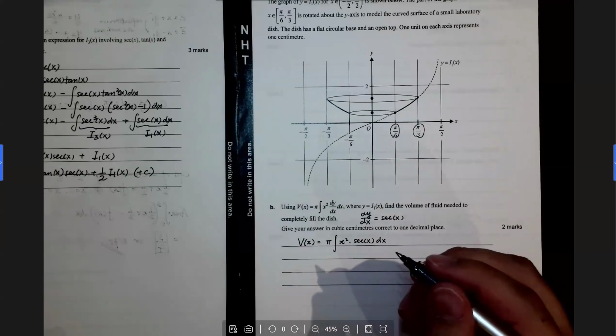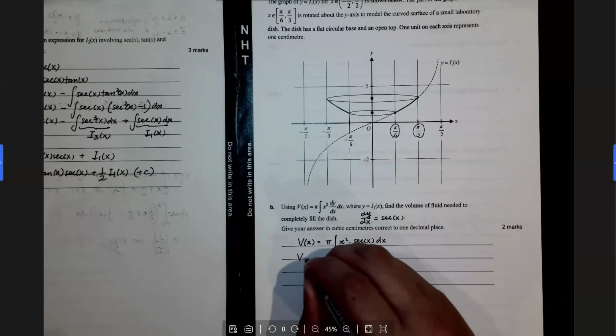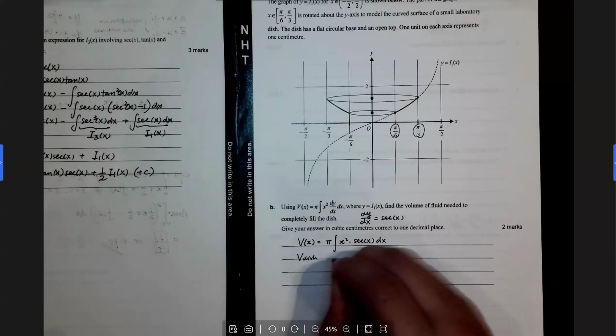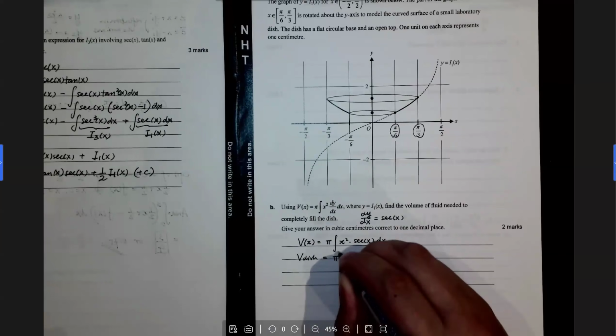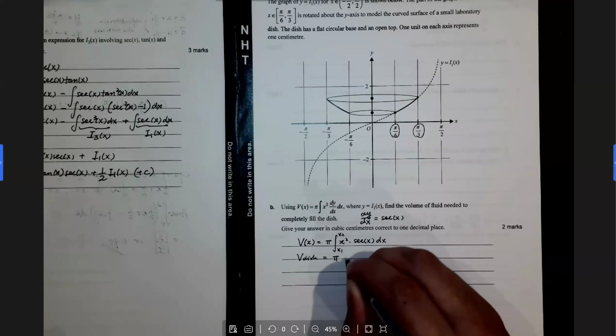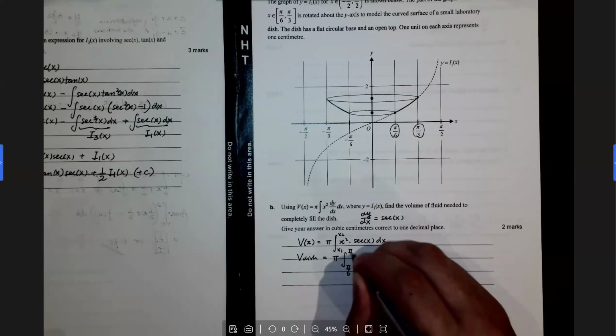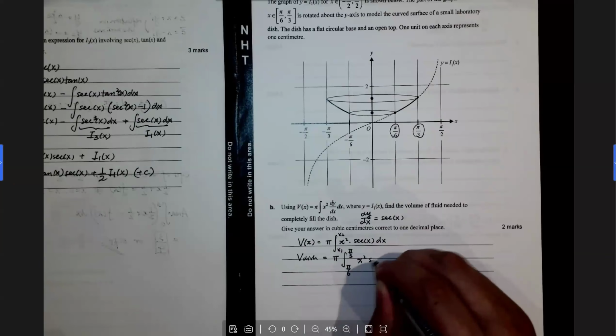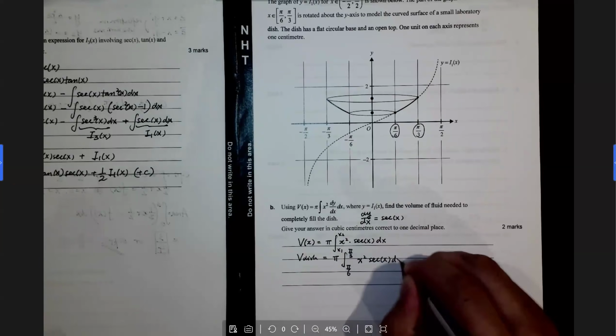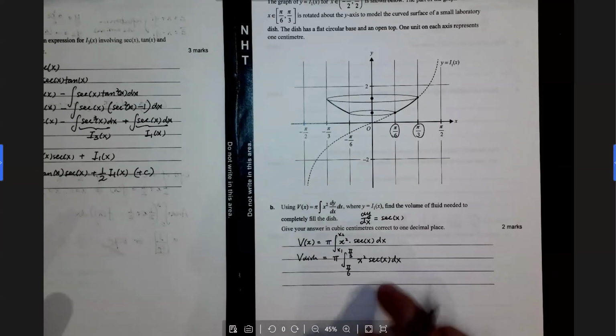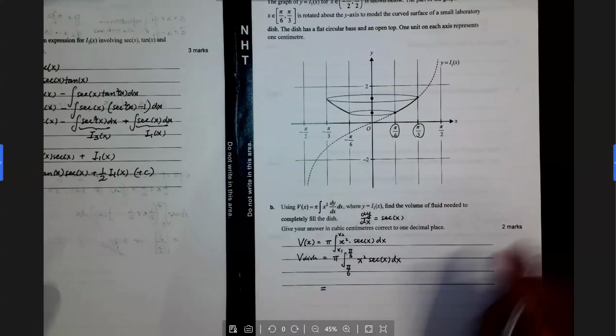And therefore we say V dish is the integral from x1 to x2, pi on 6 to pi on 3, of pi x squared secant x dx. I just need to calculate this using my CAS calculator.